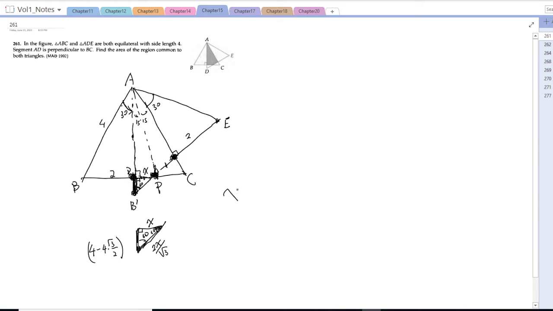So x squared plus the square of 4 minus 2 root 3 is equal to the square of 2 over root 3 times x, right? So this means one third of x squared is equal to the square of 4 minus 2 root 3.